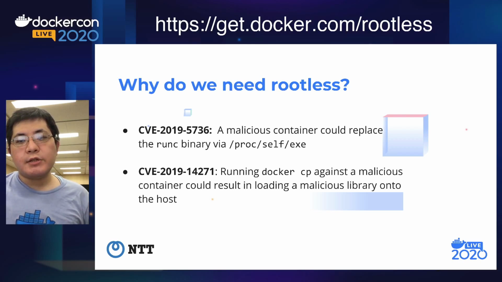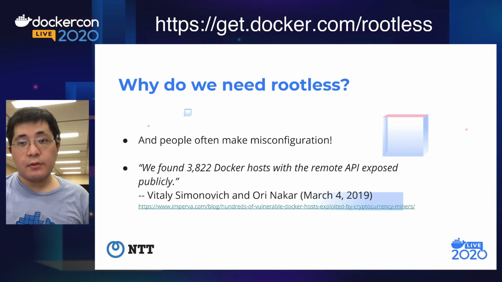It allowed injecting a malicious library onto the host system by hijacking the process of docker cp. And also, people often make misconfiguration and they sometimes expose the Docker API socket to the internet without any client authentication. Researchers say that there are thousands of such misconfigured hosts on the internet.